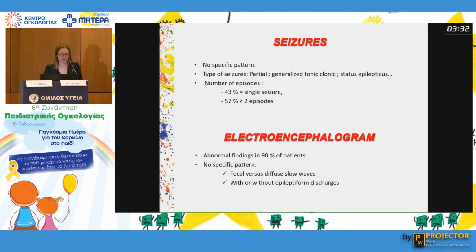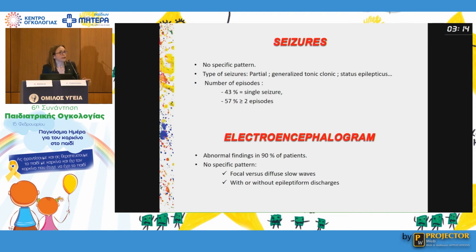The electroencephalogram is abnormal in around 90% of patients. Here again, there is no specific pattern. We can have focal or diffuse slow waves with or without epileptiform discharges.